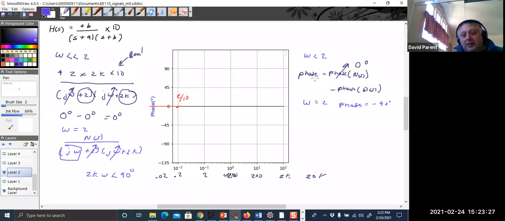I'm going to be using this: the phase equals the phase of the numerator minus the phase of the denominator, right? Because this is phase 0, this is phase of 90. We don't really care about the magnitude, so it turns into minus 90. I'm going to have to even scale this, call that 90. So it's going to be 90 right there.